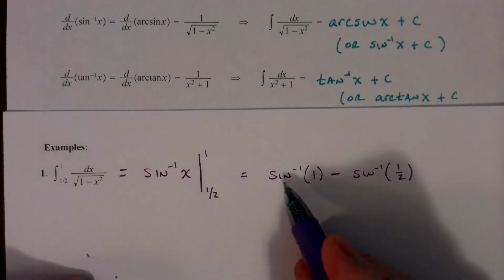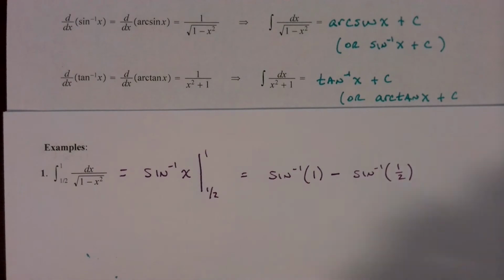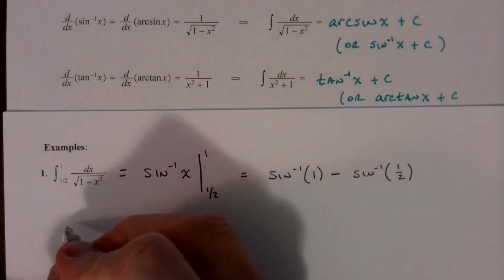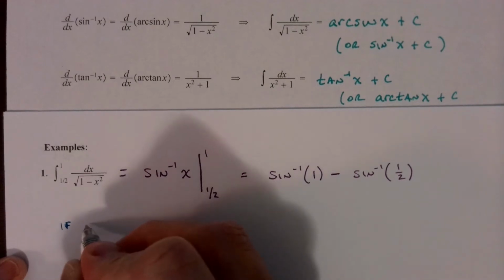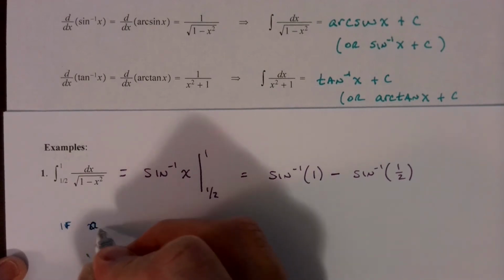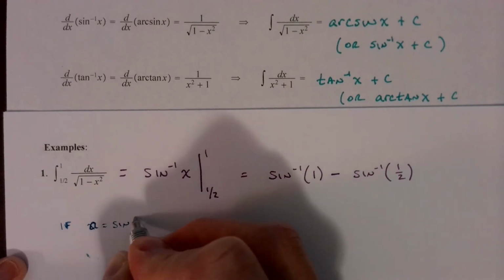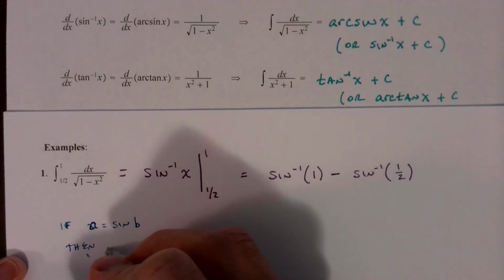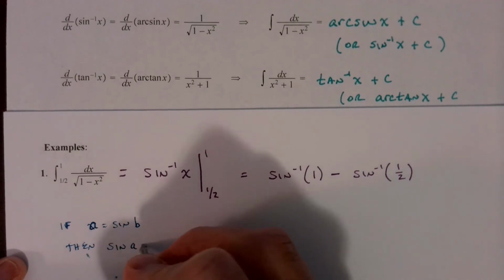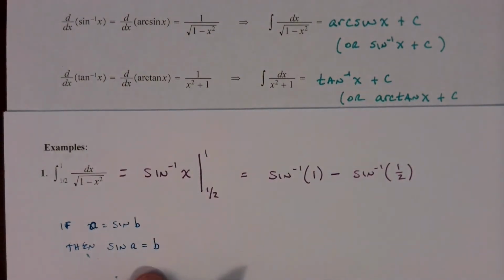Well, remember the relationship that we have is that if a is equal to sine of b, then sine inverse of a is equal to b. We've got that inverse relationship.